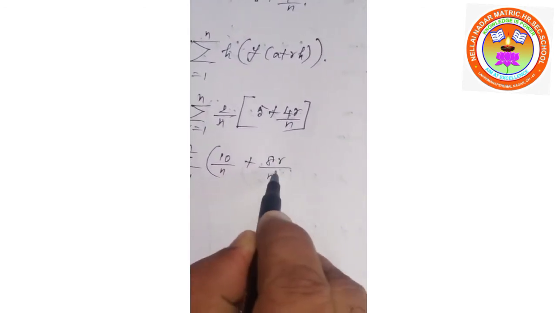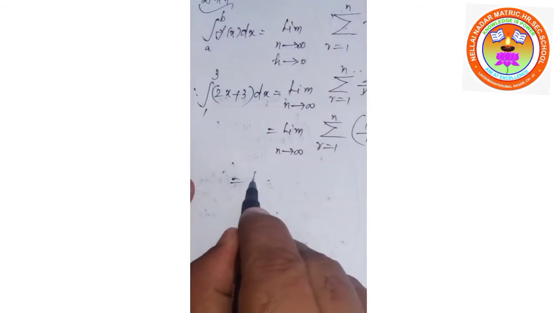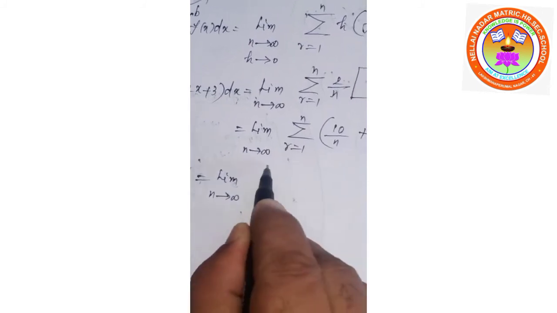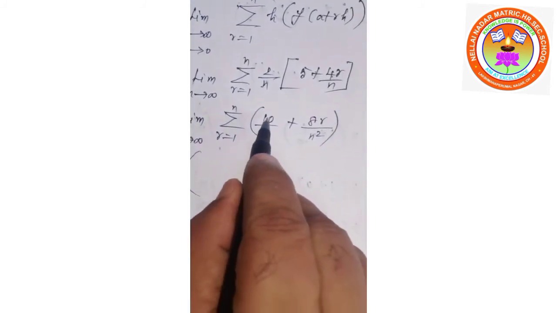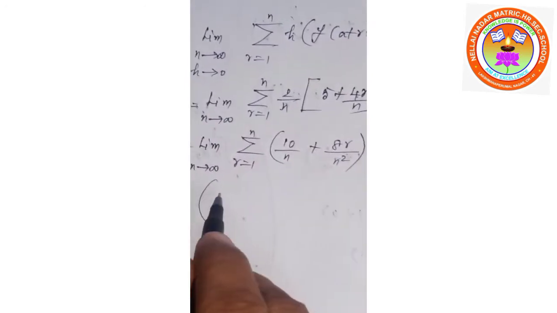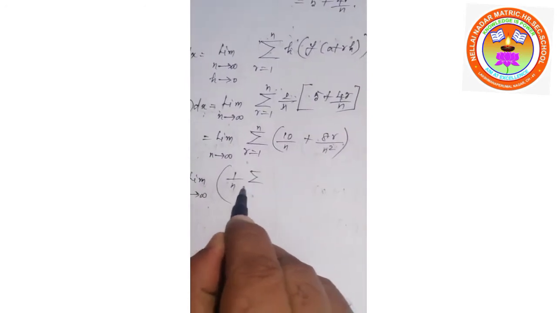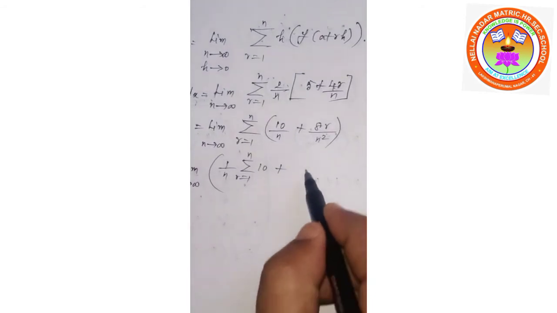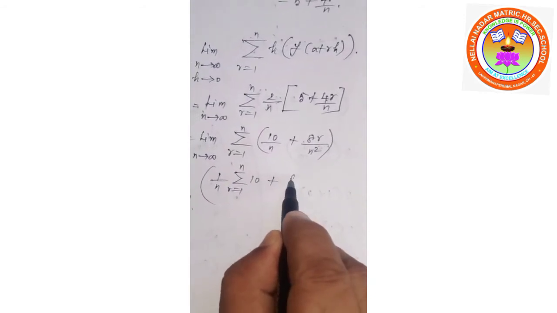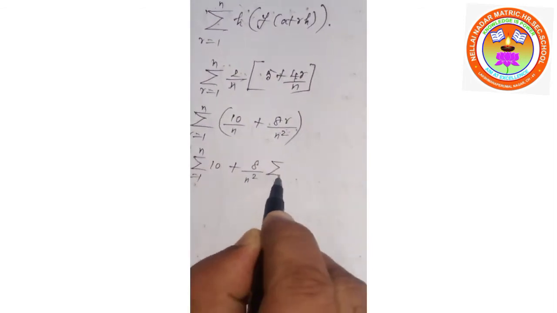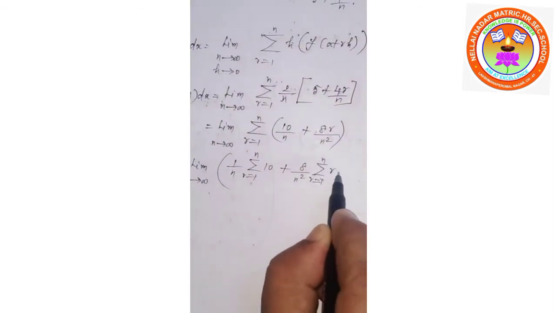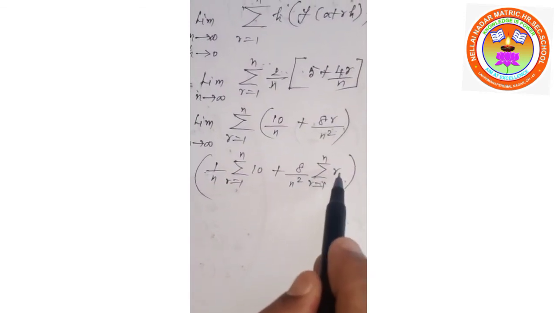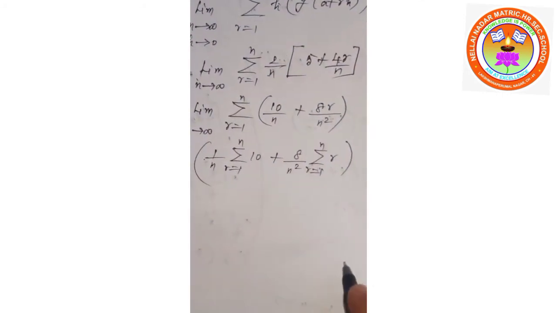This can be separated as 10 by n, with 1 by n outside the summation, sigma r equals 1 to n, 10 inside the summation, plus 8 by n squared outside the summation, sigma r equals 1 to n, r inside the summation. So 10 into 1 by n is 10 by n, and 8 into r is 8r by n squared, same only.